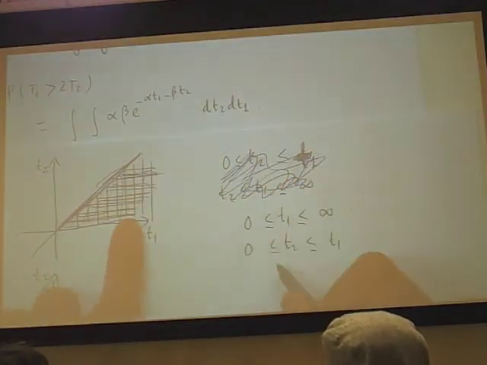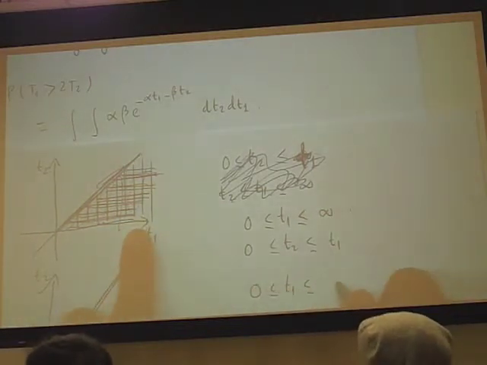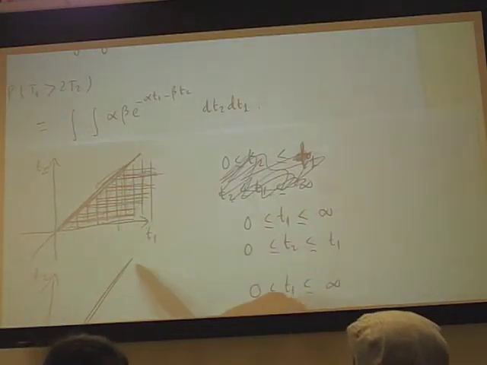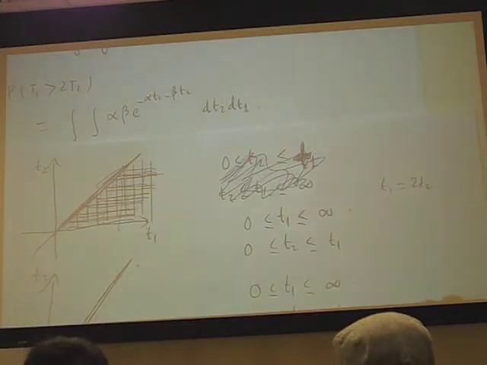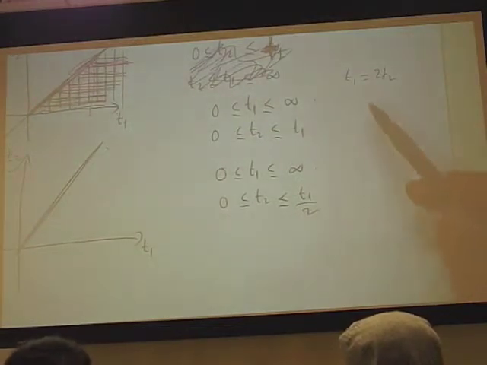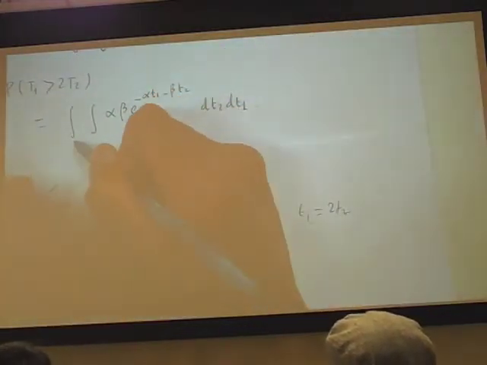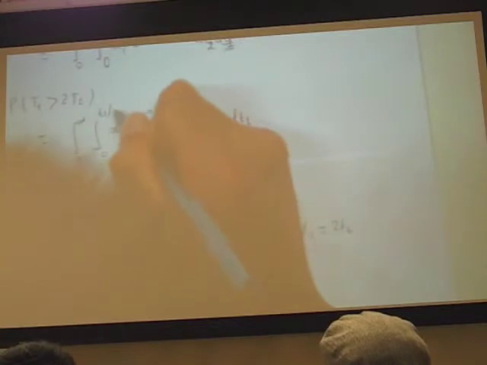And the vertical lines right here, the limits for T1 will be from 0 to infinity, and the limit for T2 is from 0 to whatever the line right here is. T1 equal to 2T2 is the same thing as saying T2 is T1 over 2. So this one is exactly the same, except that the limit is going to be from 0 to T1 over 2. That's all.